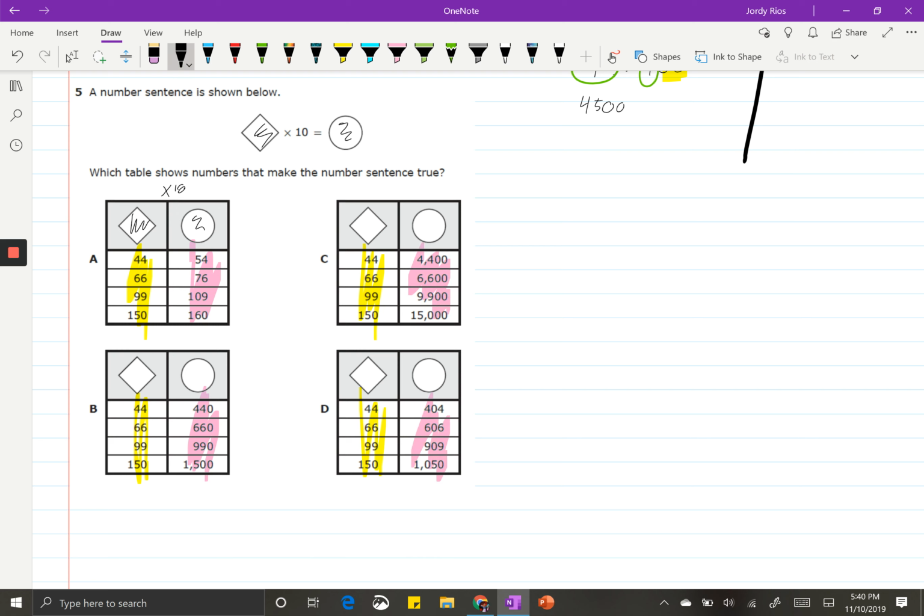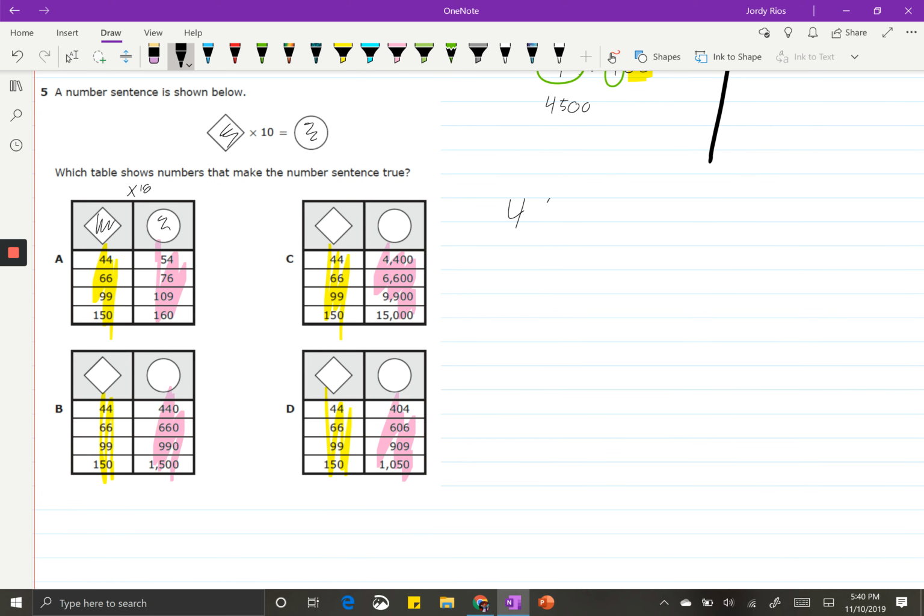All right, so I'm just going to make my own chart. 44 times 10. Well, I know 44 times 1 is 44. How many zeros am I adding? Just 1. So it's 440. Let's move on to the next one. 66 times 10. Again, 66 times 1 is 66.